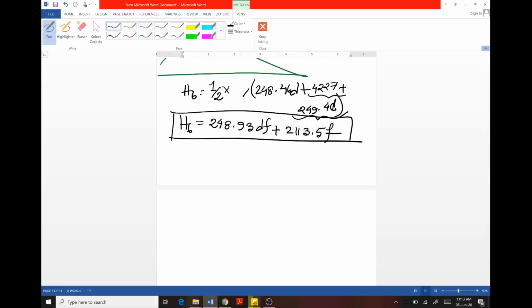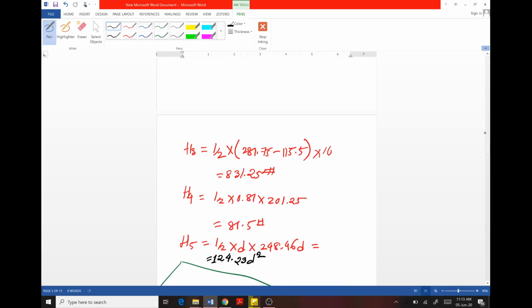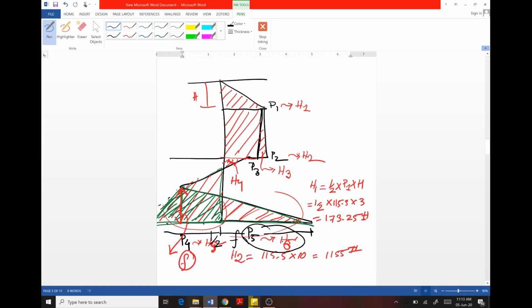Okay, now we already know that this cantilever sheet pile is in its equilibrium position. So to satisfy the requirements of static equilibrium, the sum of the forces in the horizontal direction must be 0.